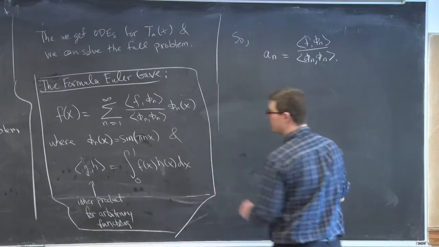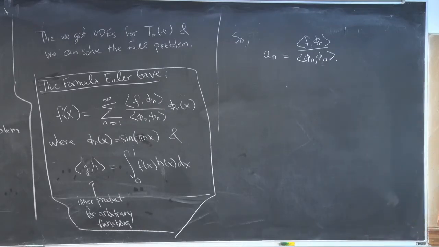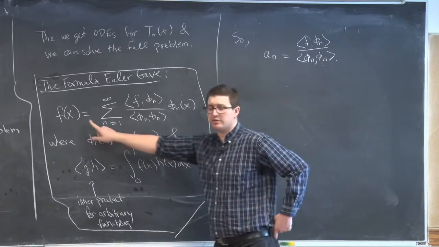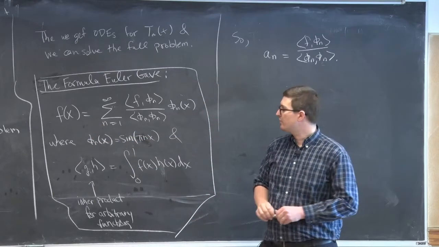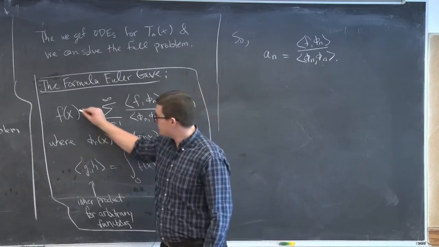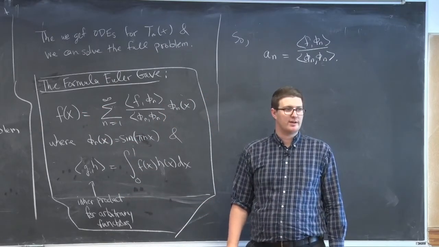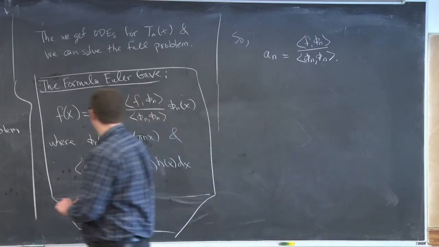So we can actually get what the coefficients are. One thing is that this equality is a little dubious, so maybe we can put that in quotes. It's not going to be exactly equal all the time, but I'll say a little bit more about that in a bit.